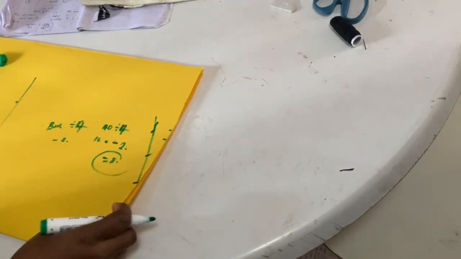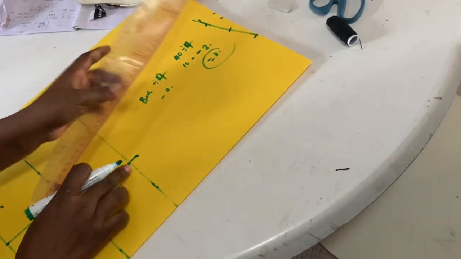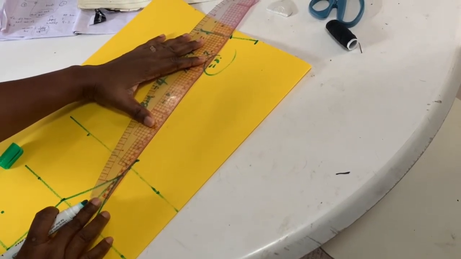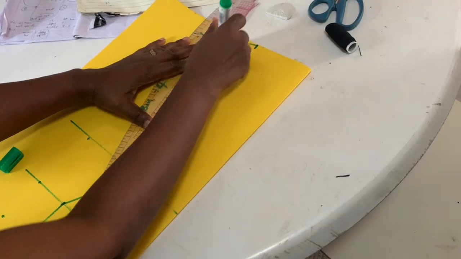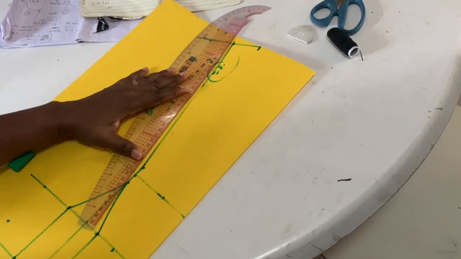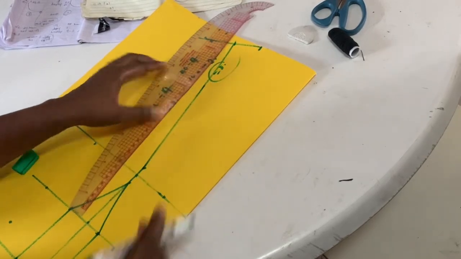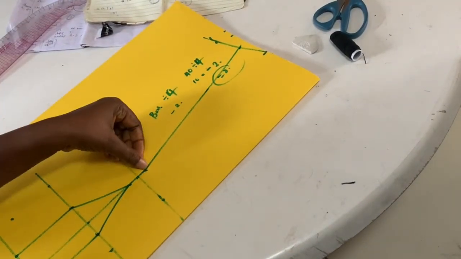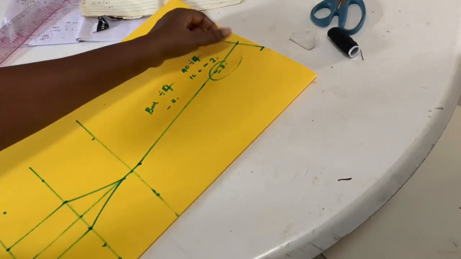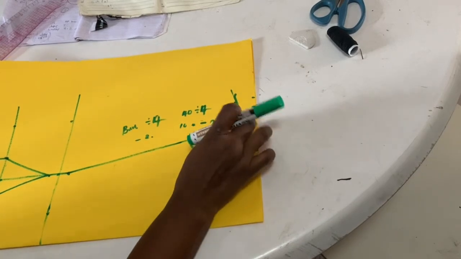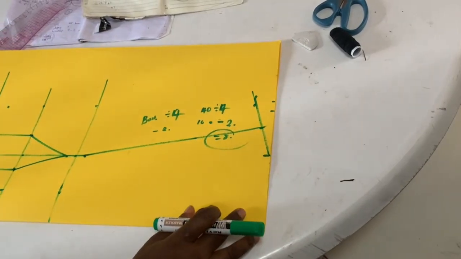As you can see, I'm going to connect this line to this place. I've connected this line here to this place. That is only one part of the neck shoulder princess dart.